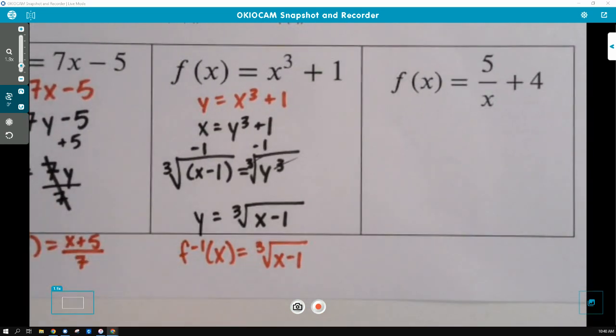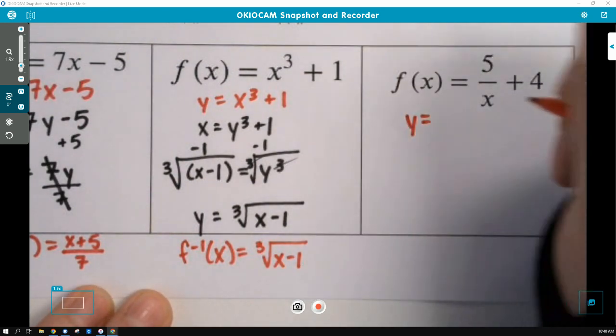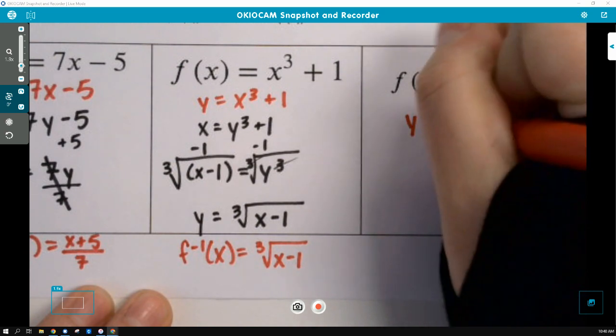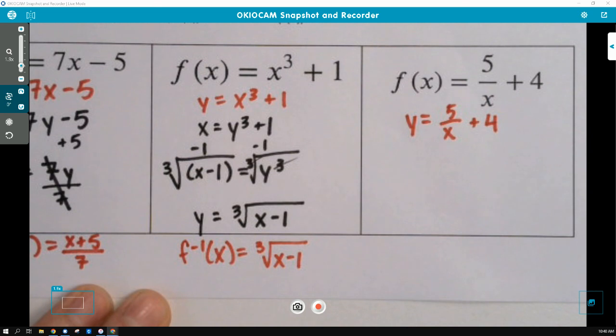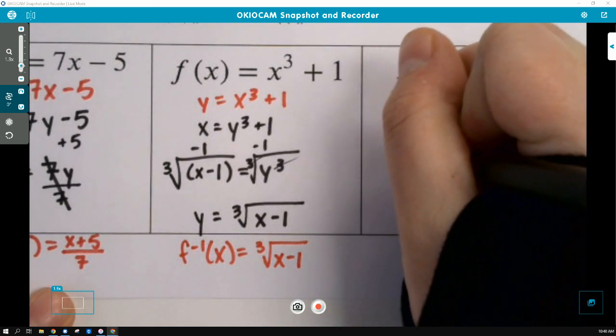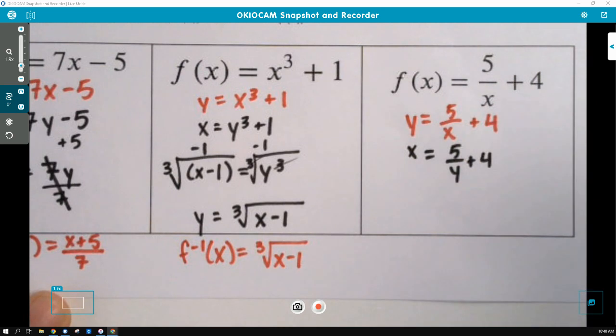Last one. Start by plugging in y equals 5 over x plus 4. We're going to switch x and y. x equals 5 over y plus 4.